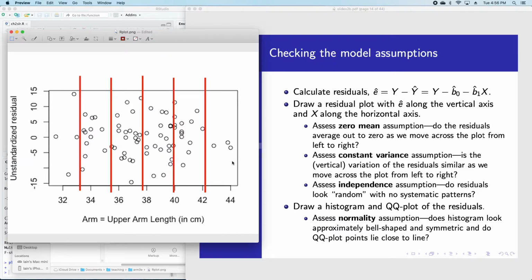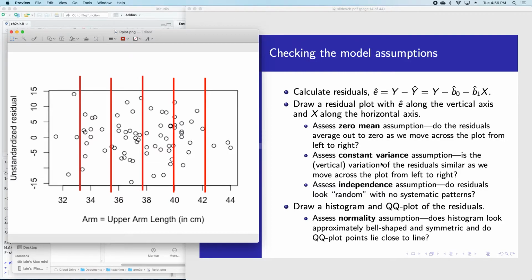There's only 3 points. And so I'm not going to get too concerned about anything I see in that last strip, because there's not very compelling evidence when I've only got 3 points there. For all the other strips, do the residuals average out to 0 as you move across the plot from left to right? Yes, I think they do.